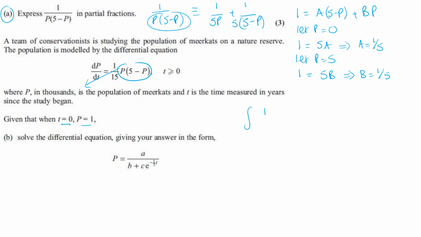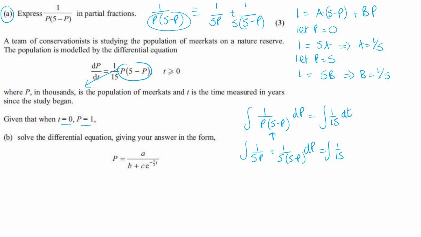So we're going to have 1 over p into 5 minus p dp is equal to 1 over 15 dt. Now this is where the partial fraction work that we've done in part A comes in. We're going to replace this with the integral of 1 over 5p plus 1 over 5 into 5 minus p.